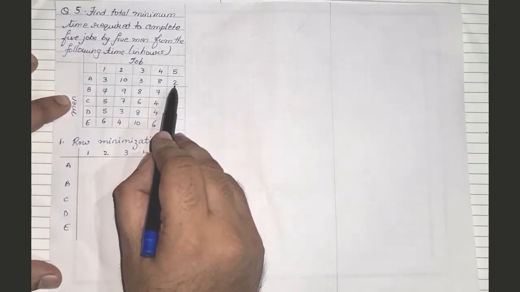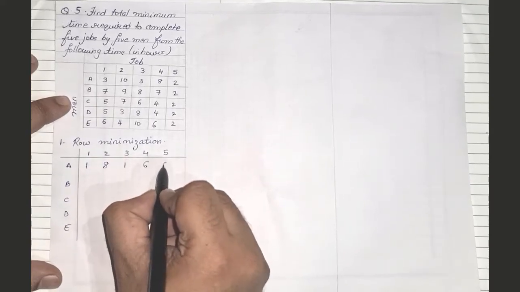From each row we need to find the lowest value, and that lowest value will be subtracted from each and every other value in that row. So in the first row the lowest value is 2, so all the values minus 2. So 3 minus 2 is 1, 10 minus 2 is 8, 3 minus 2 is 1, 8 minus 2 is 6 and 2 minus 2 is 0.